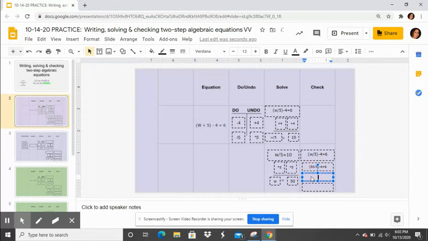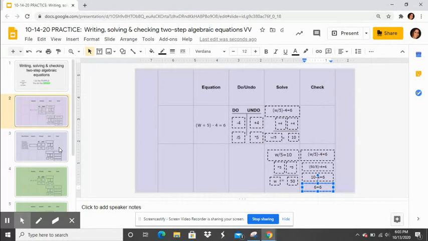I'm going to work out what's on the left side following order of operations. So the first thing I need to do is 50 divided by 5. That would give me 10. Bring down the minus 4 equals 6. And then I do 10 minus 4, and 6 does equal 6. So that value for w that I solved for is correct.